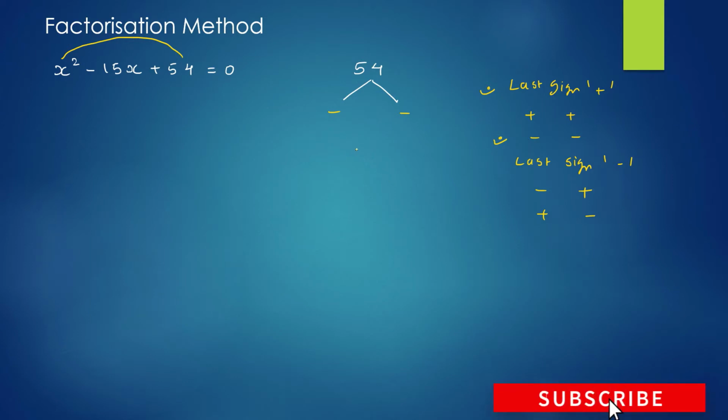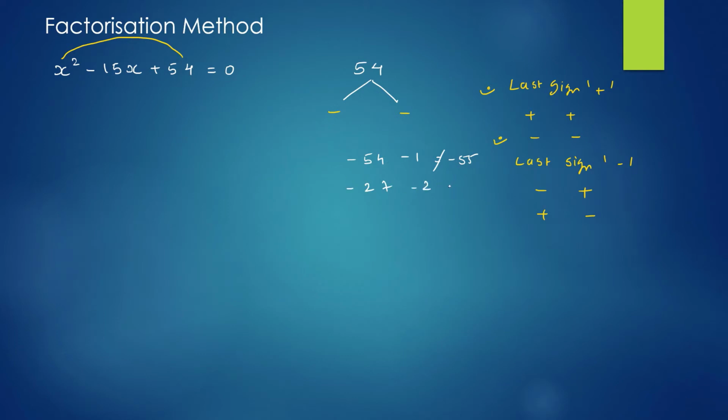So 54 times 1 is 54, but minus 54 and minus 1 comes minus 55. Now that is not equal to minus 15. It cannot be used. So then the next variation is 27 times 2, 27 and 2, with sign minus and minus, comes 29. Now it's also not equal to 15.